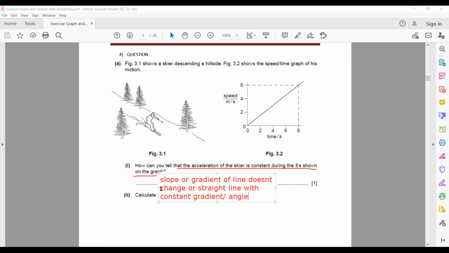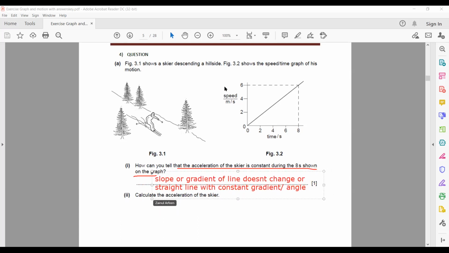That is why the acceleration is constant, because for a speed time graph the gradient, the slope, represents acceleration.